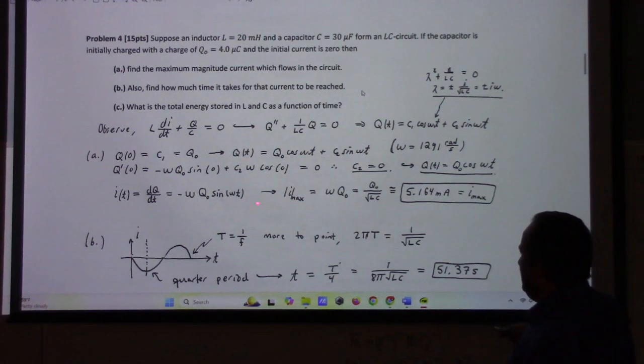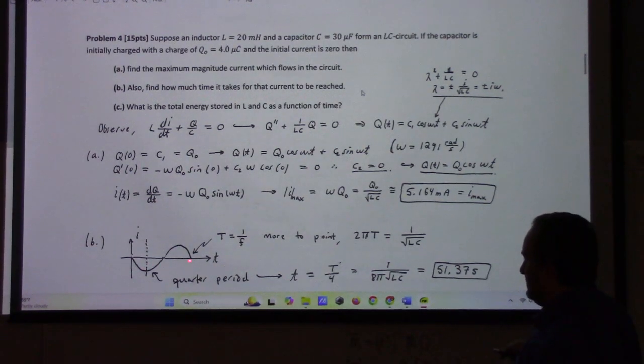And so the maximum current is when the sine is 1, or minus 1, I guess, in this case. So Q naught over square root of LC, which works out to that. That's my maximum current.